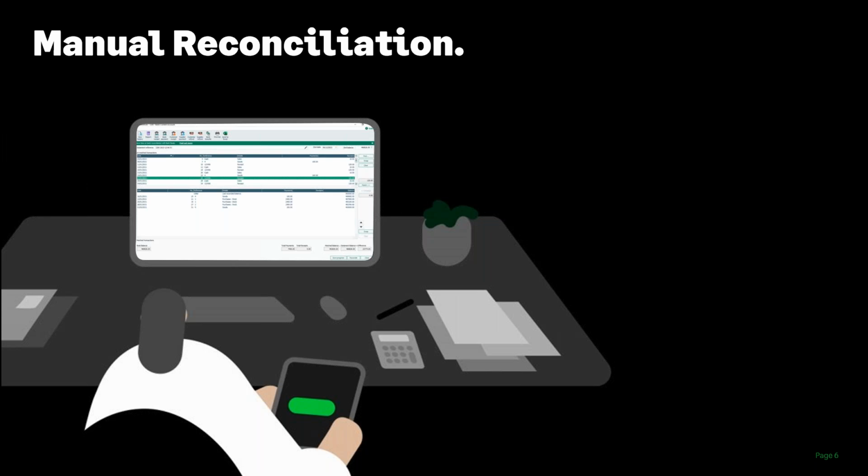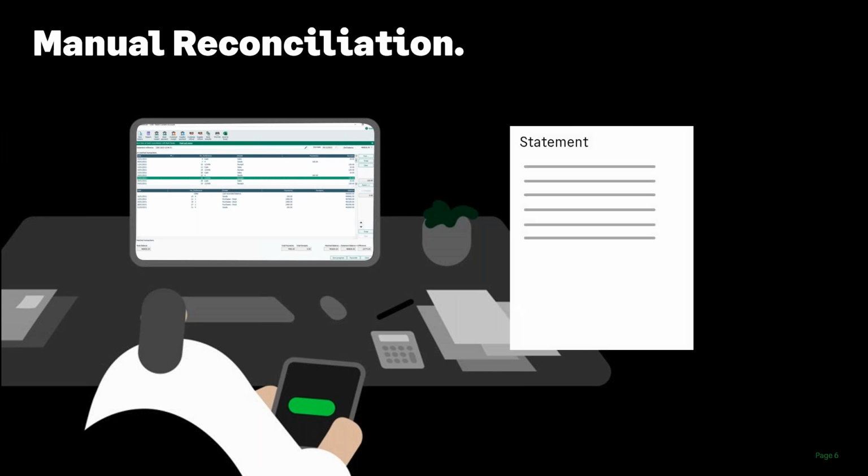And if it's been a busy period, it could lead to a lot of paper on and around your desk. What you'll be doing is cross-referencing what's in your Sage software, and then you'll be looking for the statement transactions and crossing them off as you go.